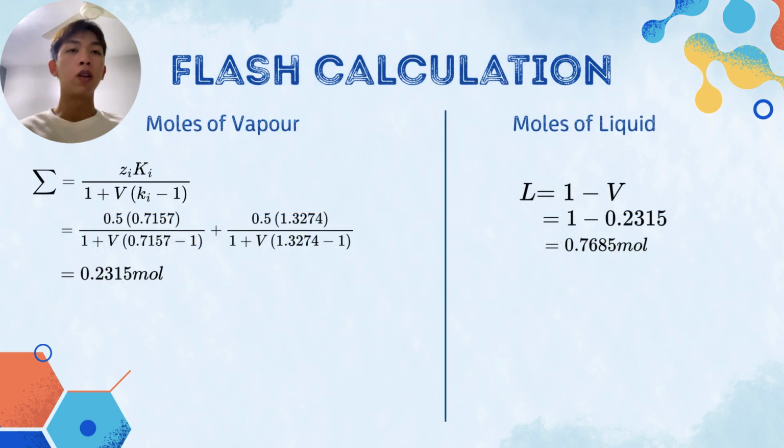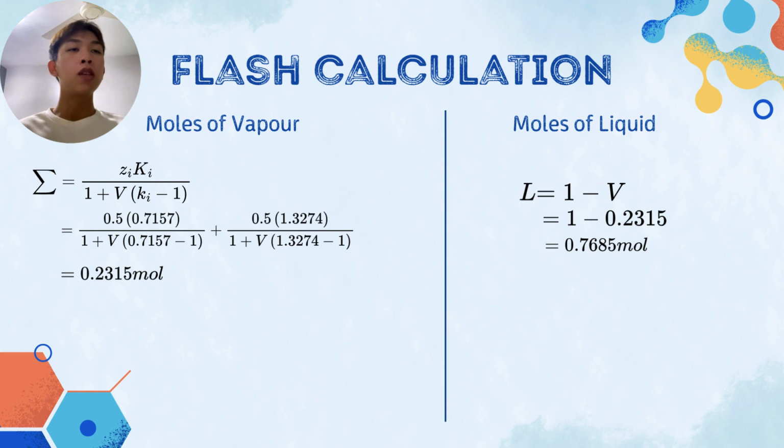Then we calculate the number of moles of vapor and also liquid. So for the number of moles of vapor, the formula used is summation of Zi Ki over 1 plus V bracket Ki minus 1 equal to 1. So then we substitute all the values equal to 1. Then we get the number of moles of vapor is equal to 0.2315 mole.